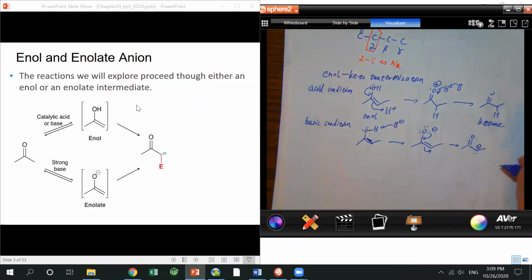These two species, this one and this one, are both the enolate, just resonance structures of the enolate.